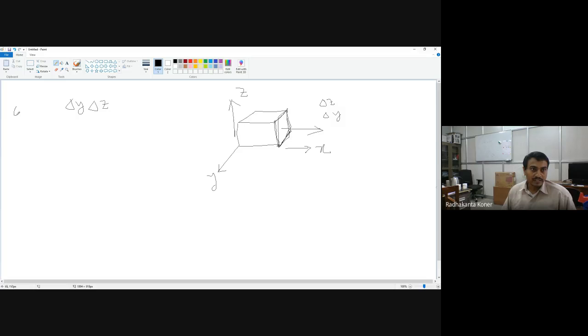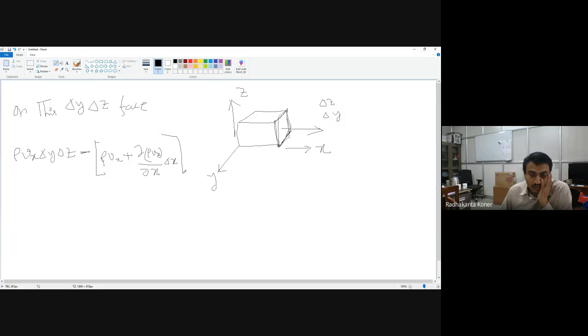So on this face, the flow will be rho Vx, because this is del y del z, minus rho Vx plus del Vx divided by del x, del x.